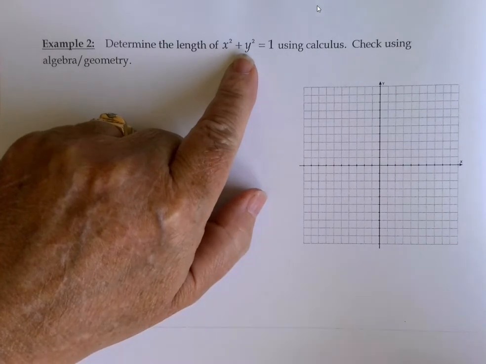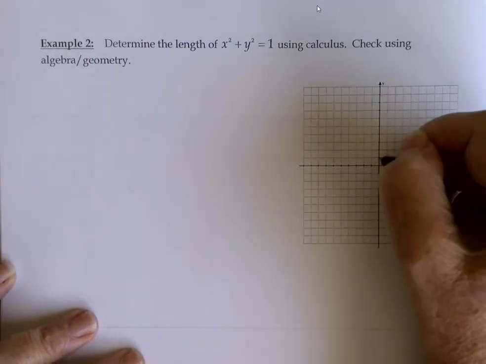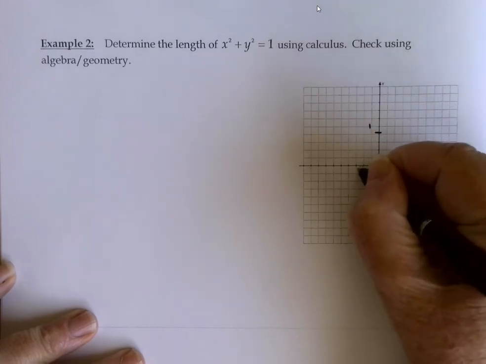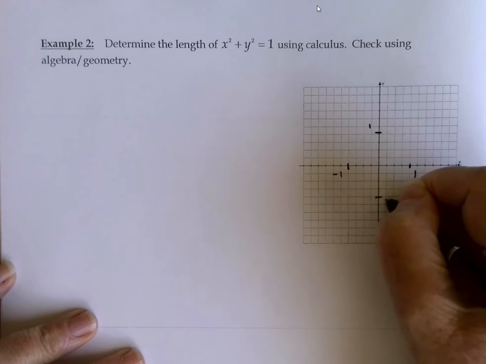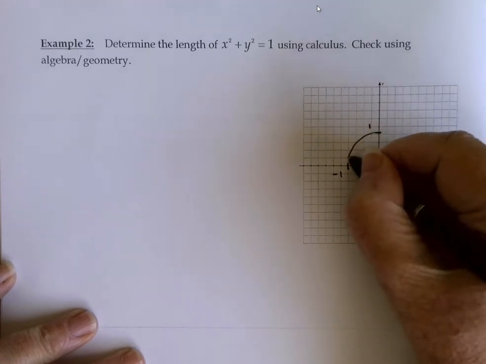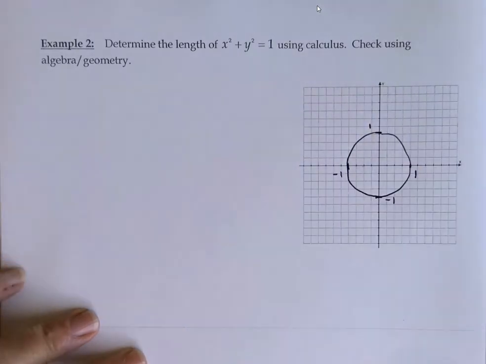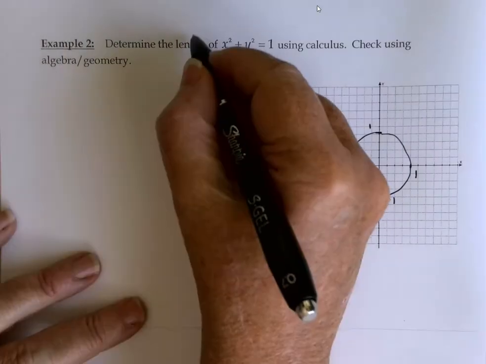That's nothing more than a circle of radius 1, right? So my goal is to find the arc length of that circle, or in other words, the circumference of that circle.